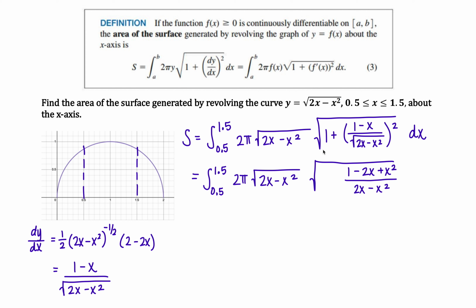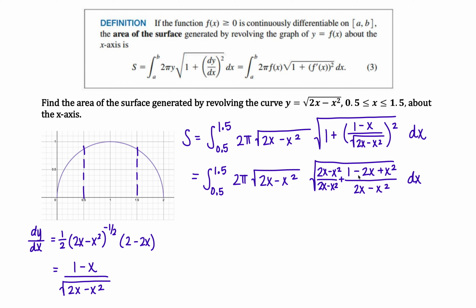Now I said I'd come back to the 1, and I'm going to do that now. I want to have a common denominator. I want to be able to add these things. So instead of a 1, I'm going to write it as 2x minus x squared over 2x minus x squared. Let me get my plus sign in there. Now that they have that common denominator, I go ahead and add the numerators. Well, you'll notice here we have 2x minus 2x, negative x squared plus x squared. So in the numerator, everything else cancels out.